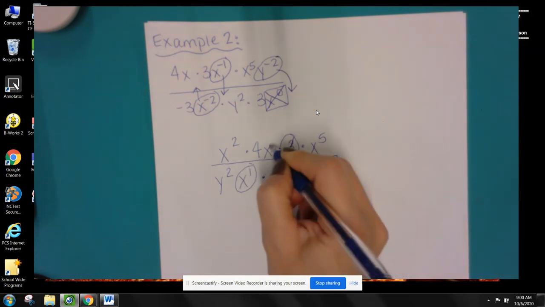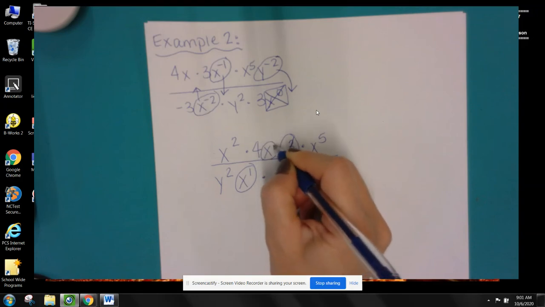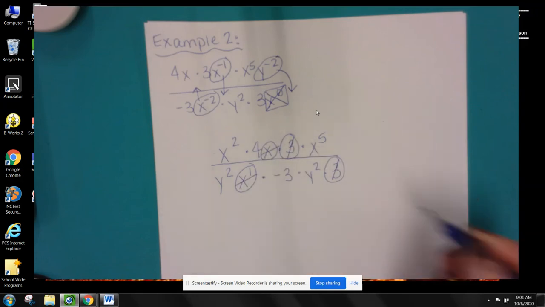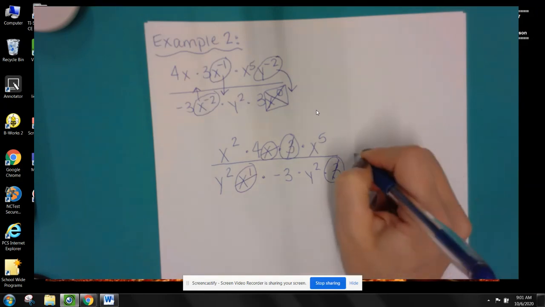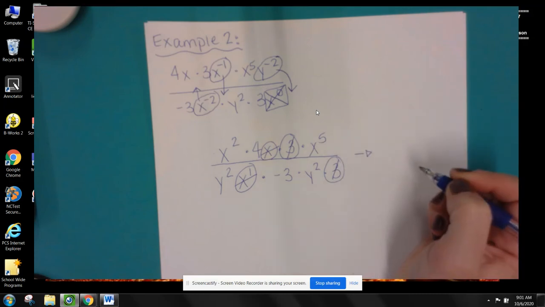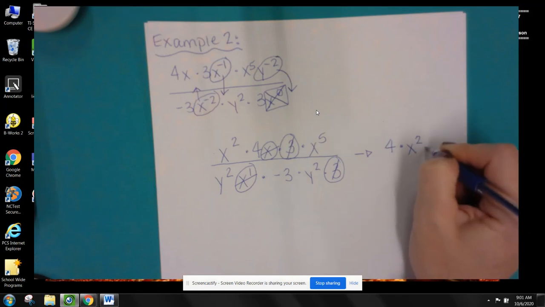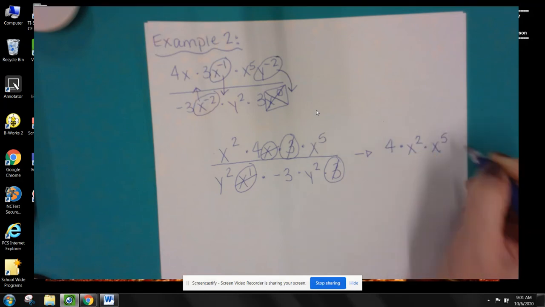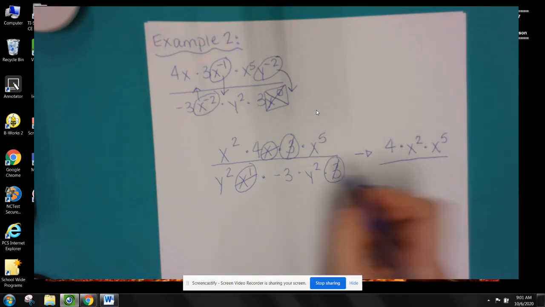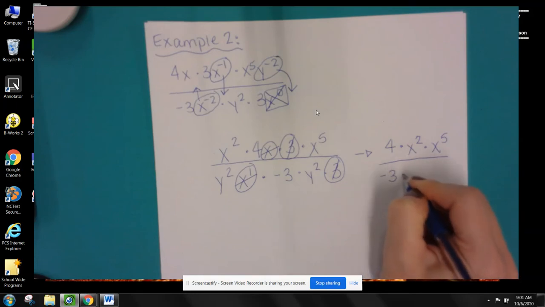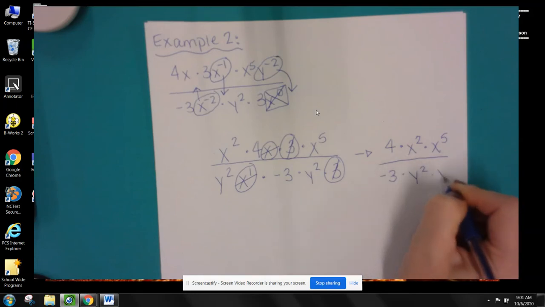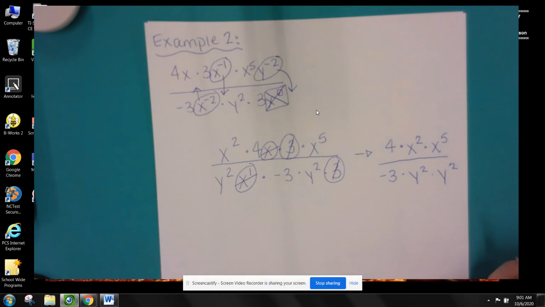And I also see an x to the first power, which will also cancel out to create 1. So now I can rewrite that. So I have 4 times x squared times x to the 5th in the numerator and negative 3 times y squared in the denominator.